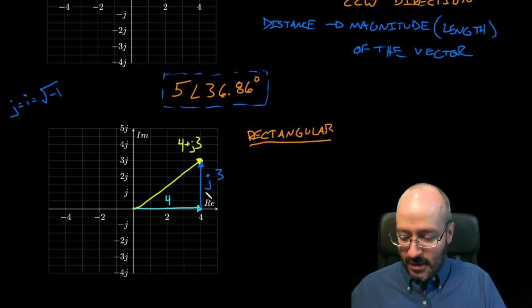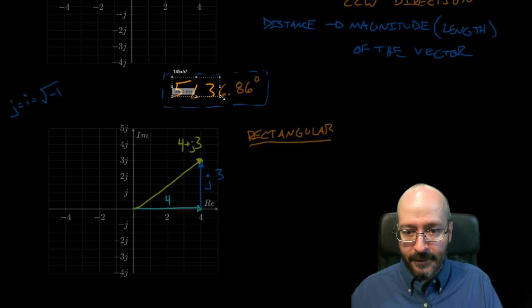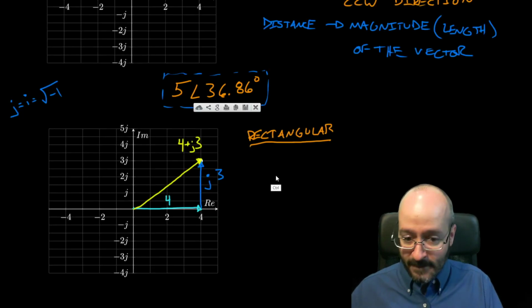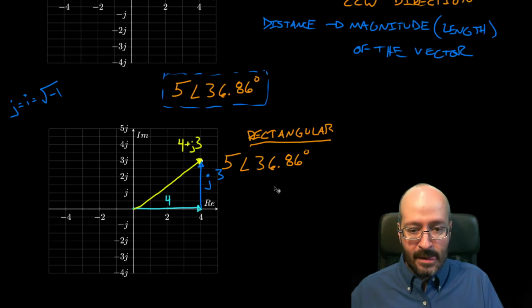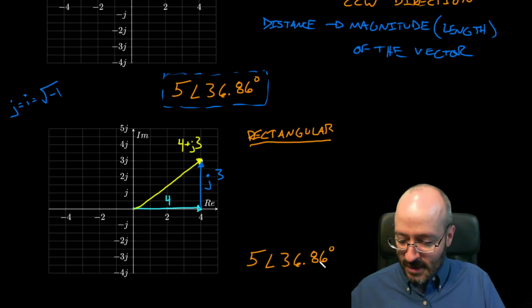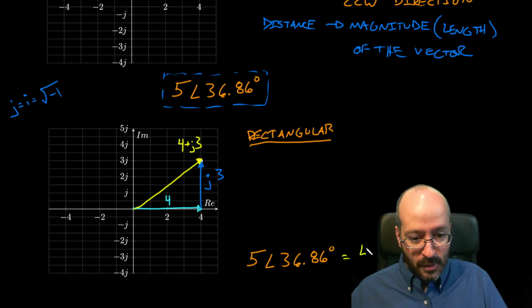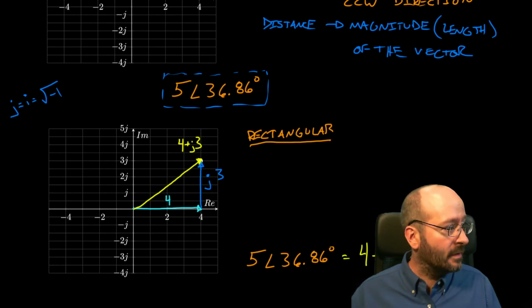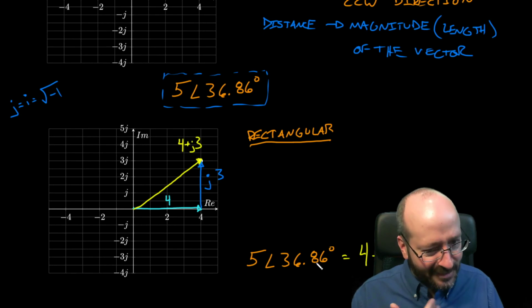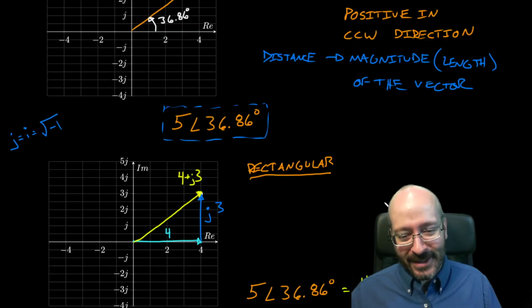So we could rightly grab this one, bring it down here, and say that it is equal to 4 plus J3. They're equivalent, same point in space. I did a little bit of rounding on that angle. I apologize.